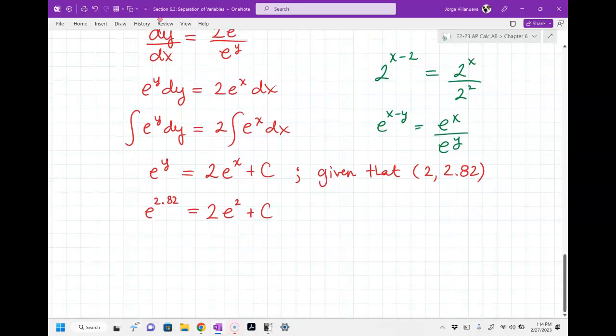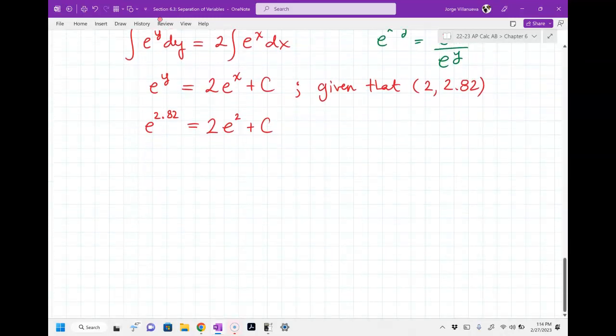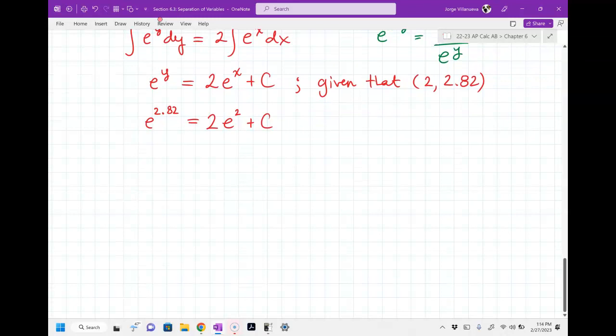I plugged my x and y value into my solved-for equation, because I want to figure out what c is exactly. So at this point, I'm going to subtract 2e squared from both sides. So I got e to the 2.82 minus 2e squared, and that's equal to c.